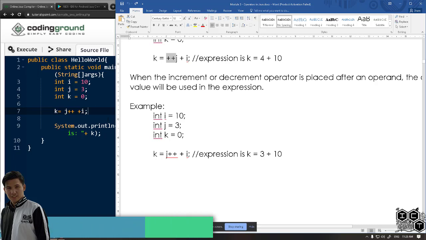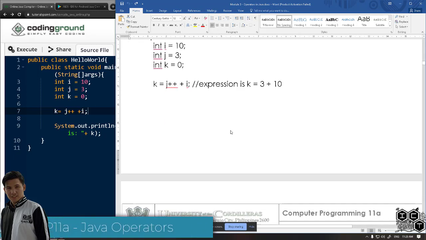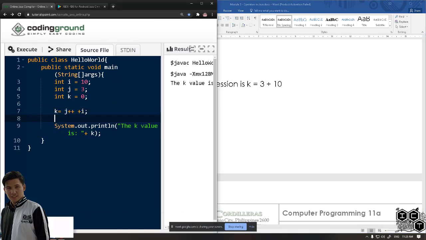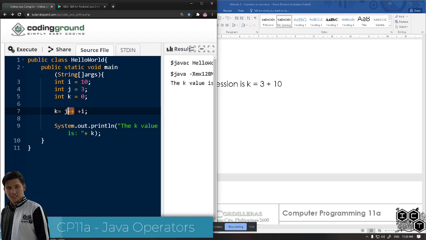Okay, ito ang medyo weird part sa Java eh. Nag-increment tayo nung nilagay natin si plus plus before the value itself. Ito itong j plus plus, j is equivalent to 3. Plus plus here, hindi siya na-apply dito sa simple statement na to in Java.